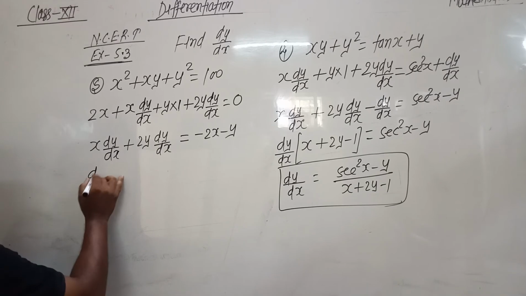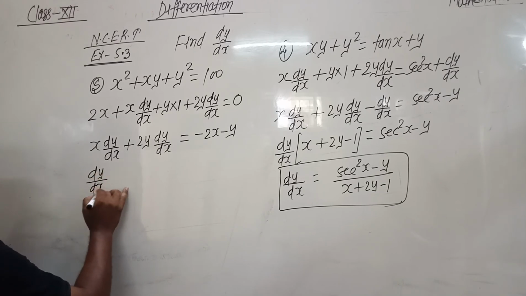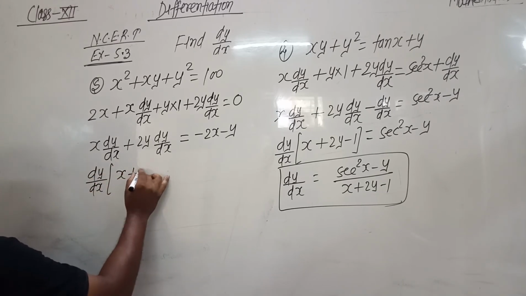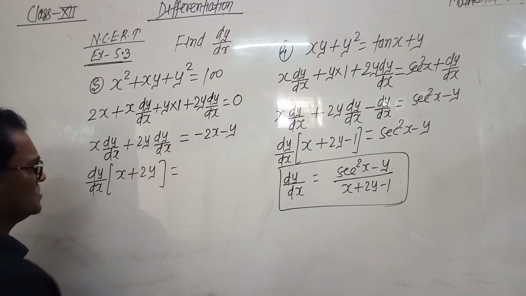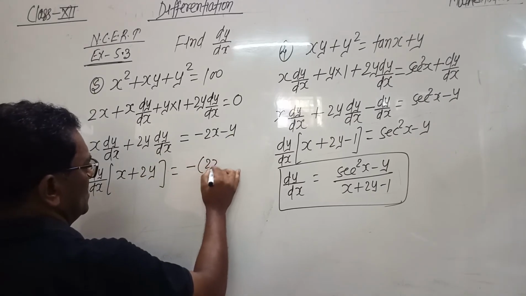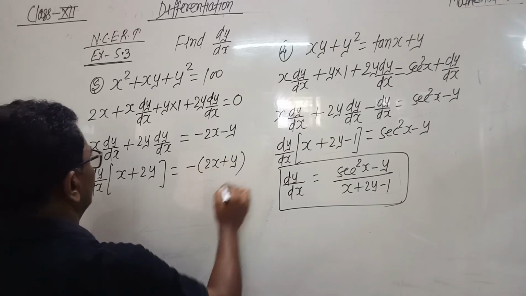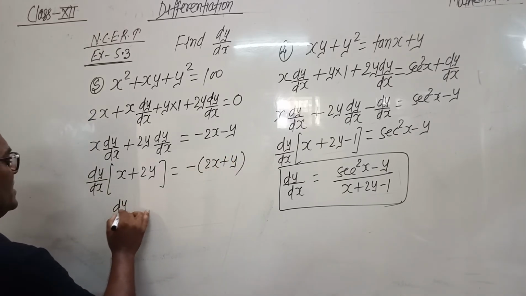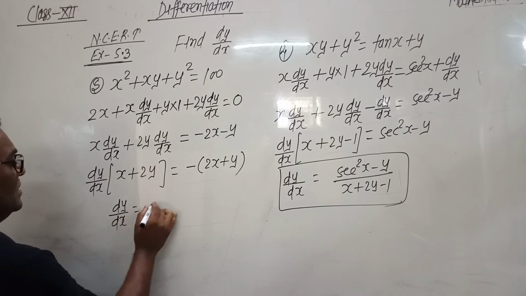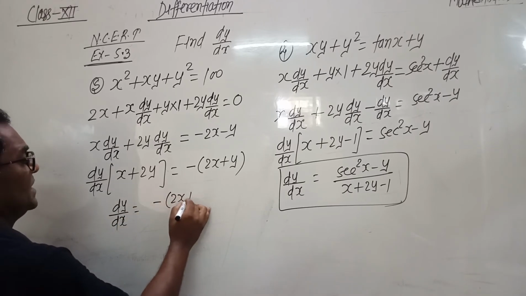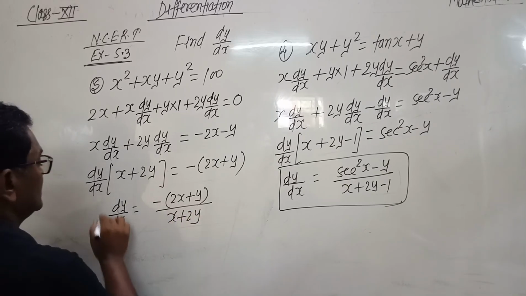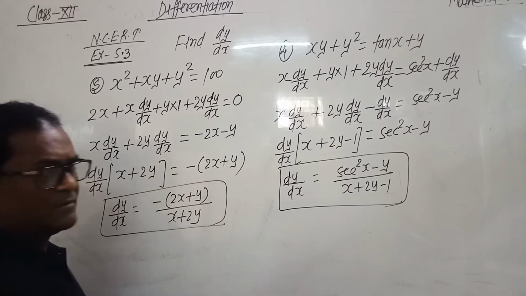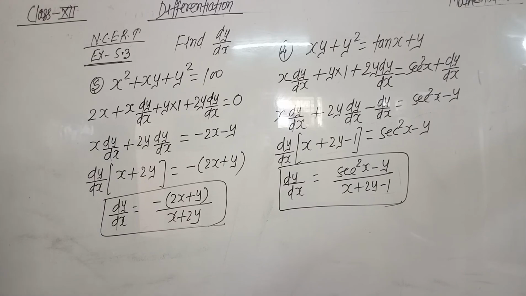From these two terms, dy by dx is taken common, so it gives x plus 2y equals, from these two terms minus is taken common, so 2x plus 1, and the value of dy by dx comes to be minus 2x plus y upon x plus 2y. So this is the result, the value of dy by dx.